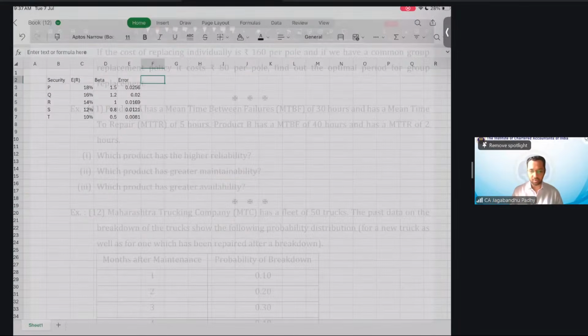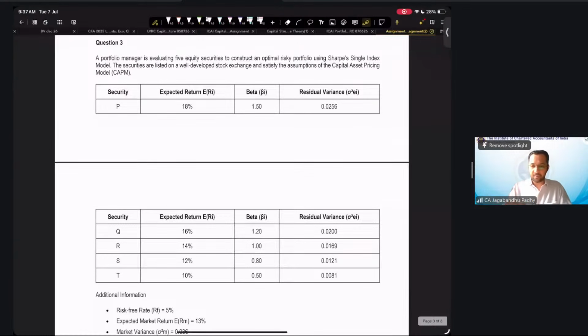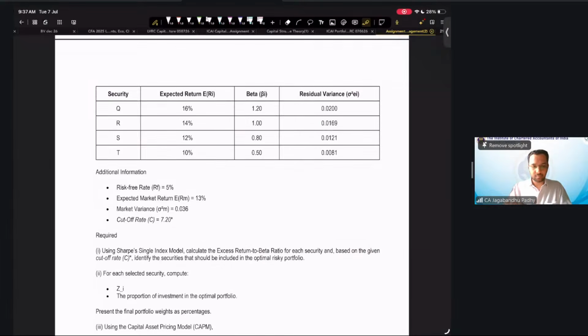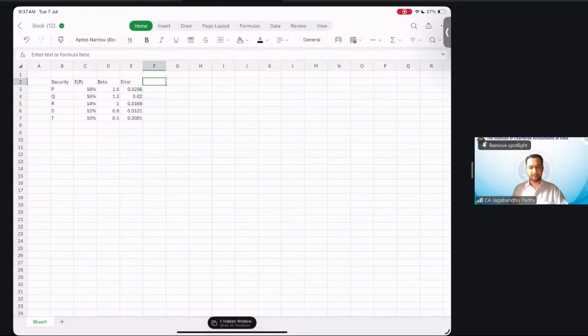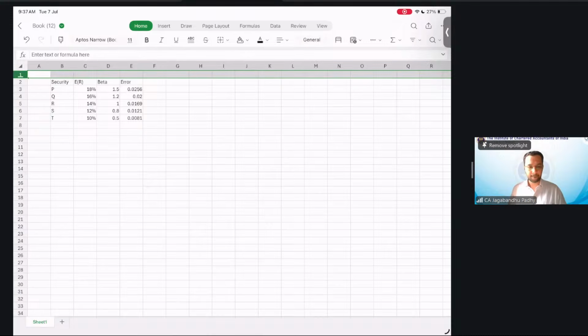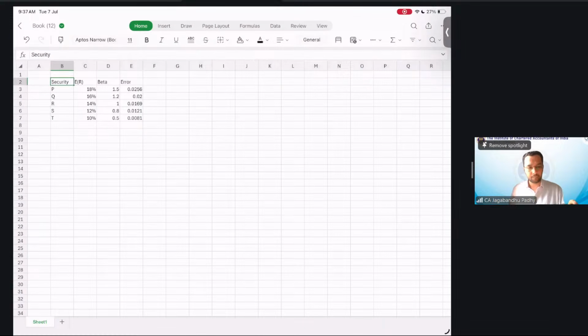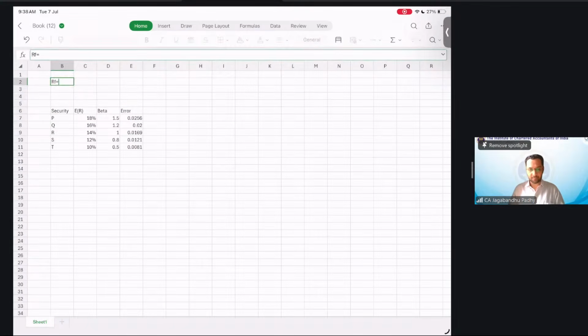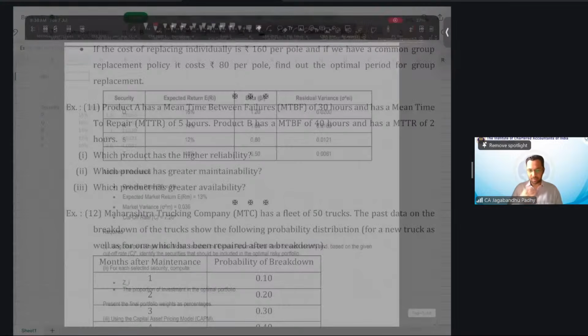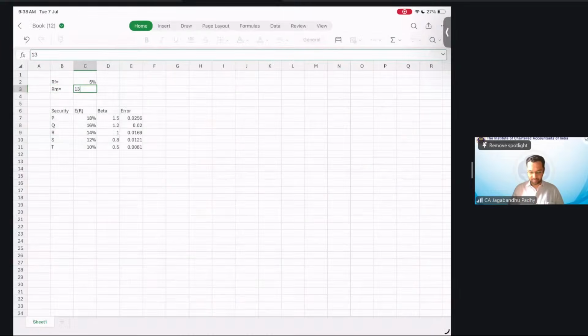now let us also take the data: risk-free rate is given as 5%. We have market return as 13%.